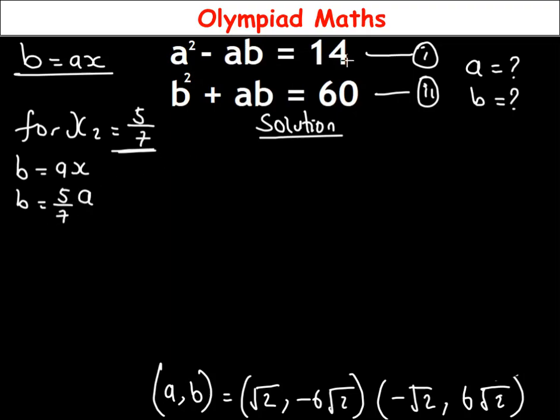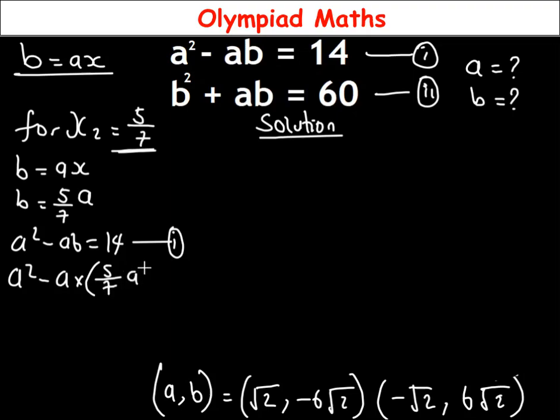So from equation 1, which is a squared minus ab is equal to 14, then inputting b as 5 over 7 a into this, a squared minus a times 5 over 7 a is equal to 14. So a squared minus 5 over 7 a squared is equal to 14.